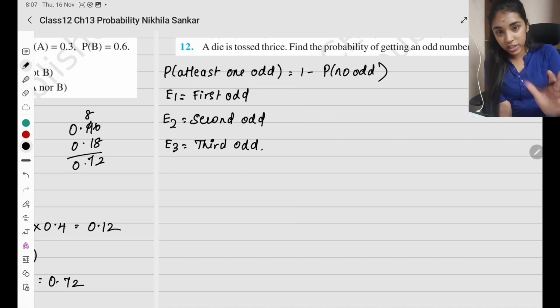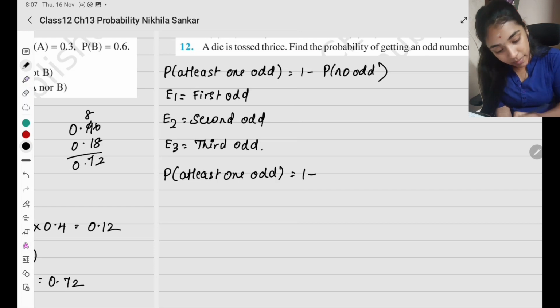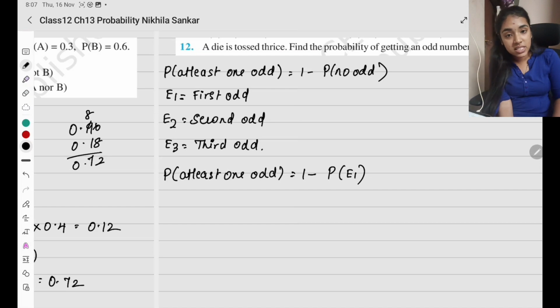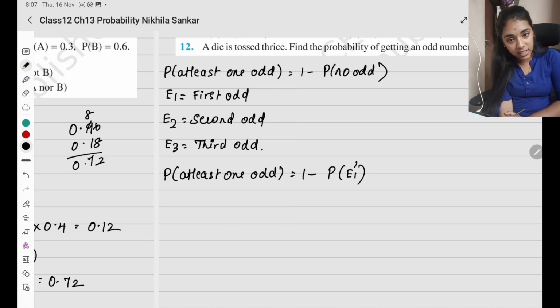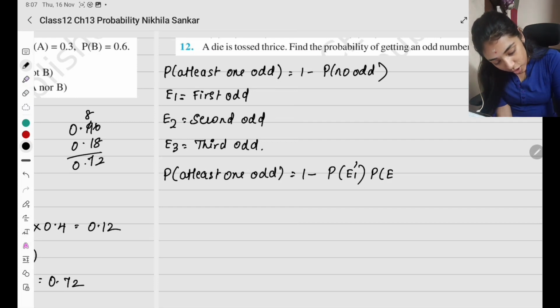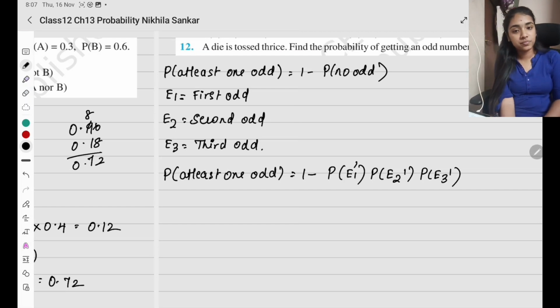We are looking at getting odd 3 times. So probability of at least 1 odd is 1 minus probability that you are not getting an odd number in the first throw, times probability of not getting an odd number in the second throw, times probability of not getting an odd number in the third throw.